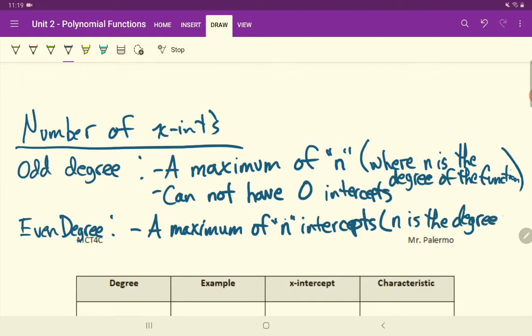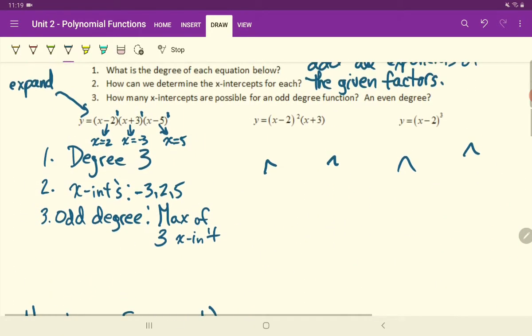But this time we can have 0 intercepts, right? We just looked at why, we proved it. So let's go back and answer the following, now that we have developed how many x-intercepts are possible.